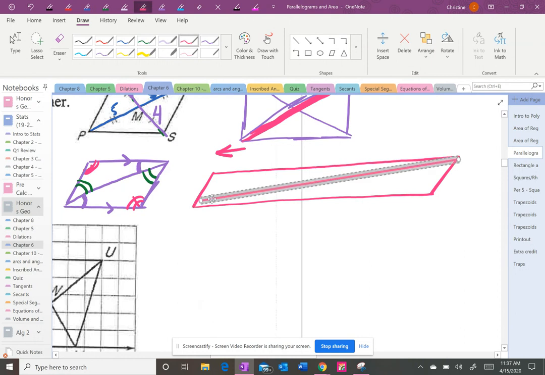I'm not using a mouse. Okay, I'll just draw it. Come on. So you can see here, this is very, very tiny compared to this one. Same thing. If I drew that more accurately, this would be very, very tiny compared to this one.